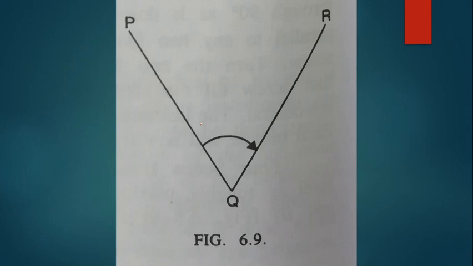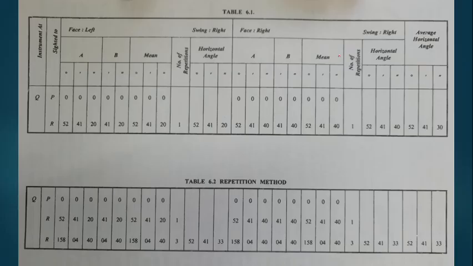Right. Again the same diagram. PQ is a survey line and QR is another survey line, where we need to find the angle PQR using the method of repetition.